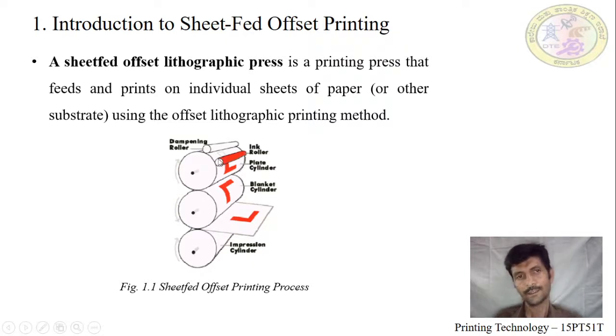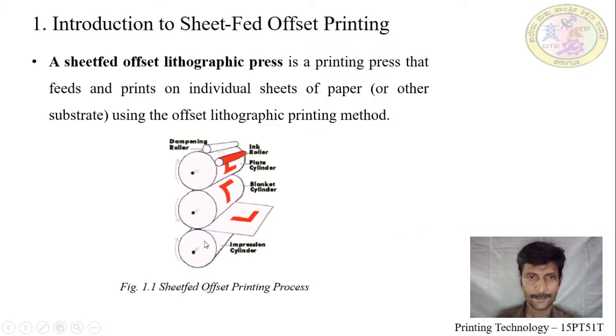After applying the dampening and ink rollers onto the plate, the image formed on the plate cylinder becomes visible with the help of ink, and this transfers onto the blanket cylinder in non-readable form.